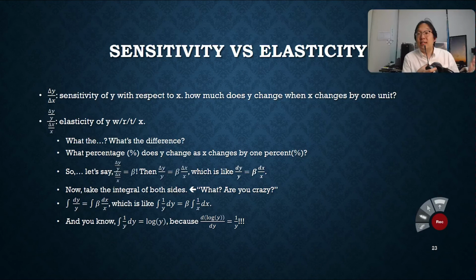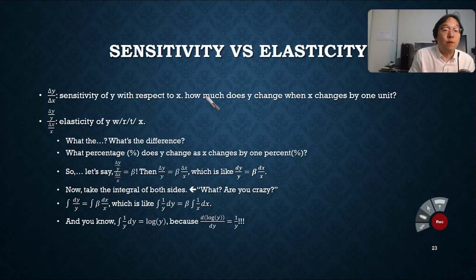But the elasticity itself is about the percentage change with respect to the percentage change of your explanatory variable. Percentage change versus what? Well, sensitivity, right? Let's start from sensitivity and then we'll move down to elasticity. So sensitivity was about what?